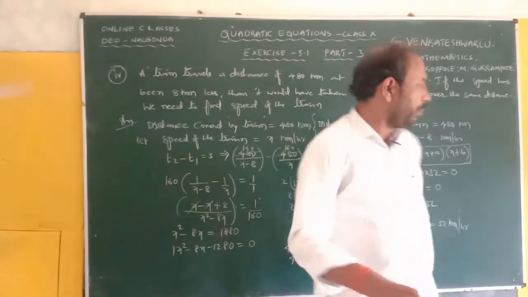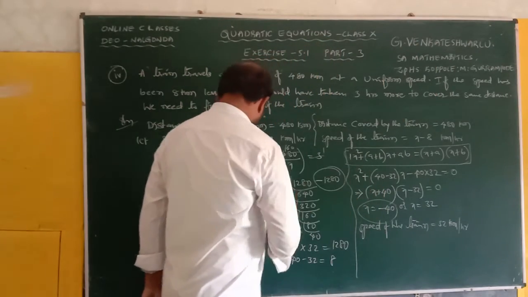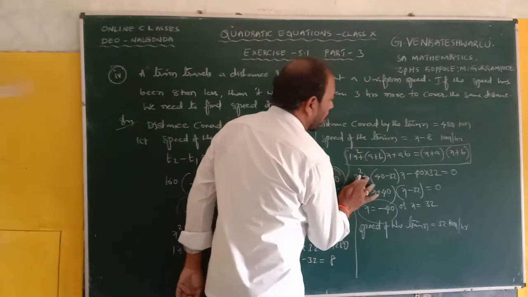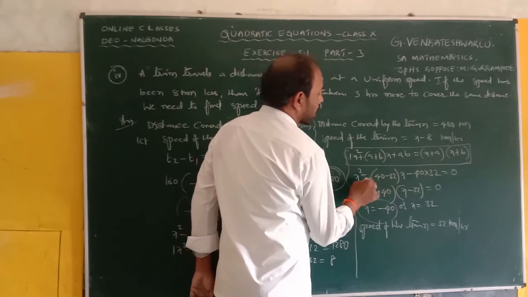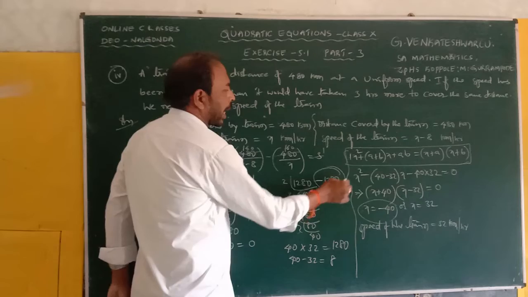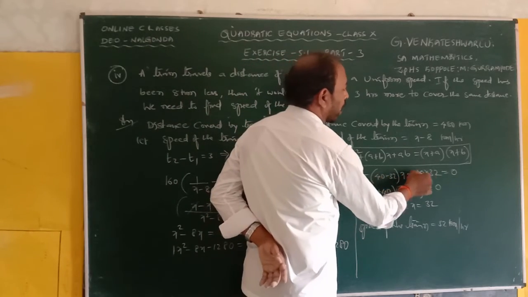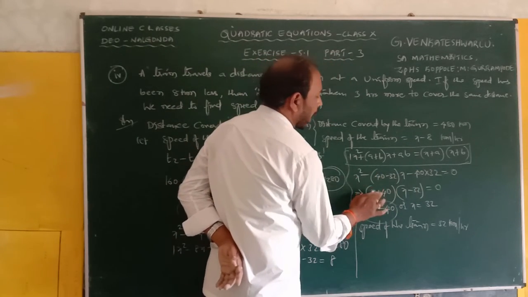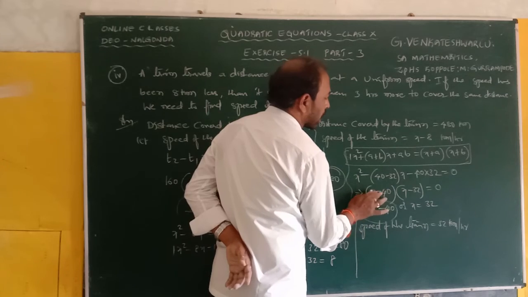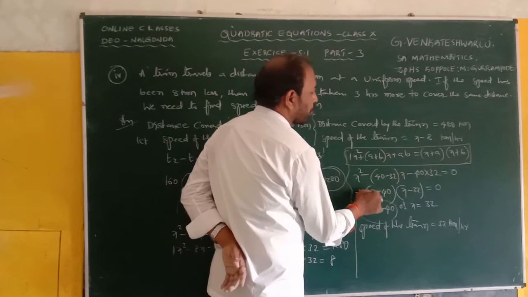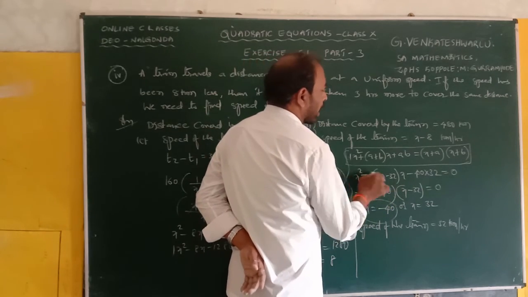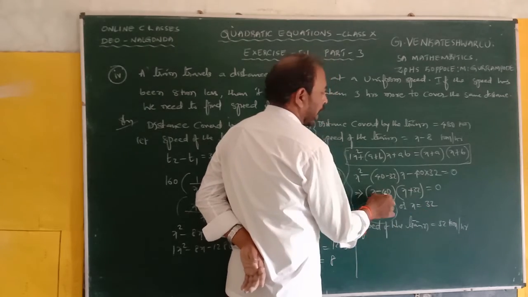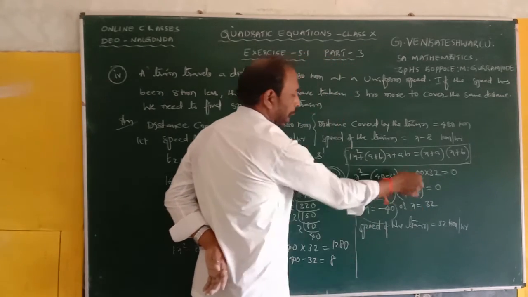X square minus, 8 is written as 40 minus 32, into x, minus 40 into 32. Here x minus 40 is the first factor, and minus into minus is plus 32, so x plus 32 is the second factor.